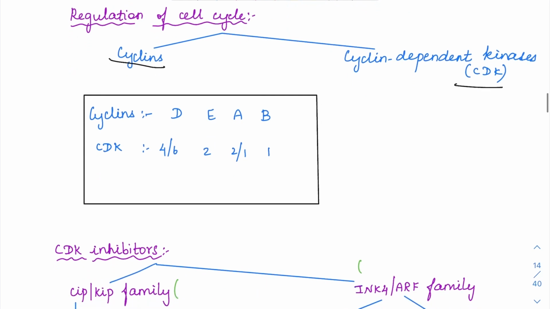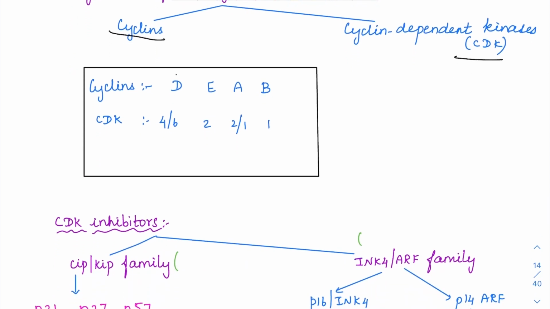So cyclin D is going to associate with cyclin dependent kinase 4 and 6, while cyclin E is going to associate with cyclin dependent kinase 2. Then cyclin A is going to associate with cyclin dependent kinase 2 and 1. Then cyclin B is going to associate with cyclin dependent kinase 1.